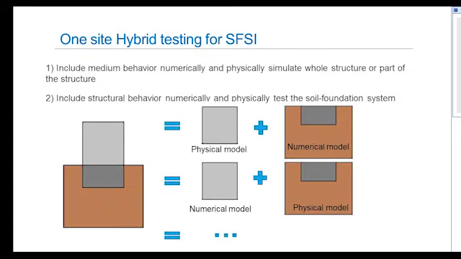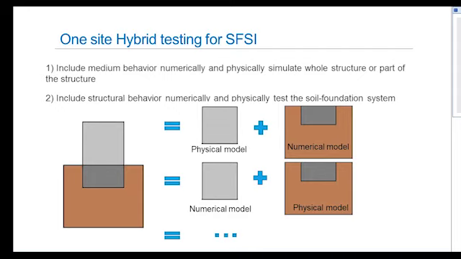So here is an example of on-site hybrid testing, and the two natural modes would be to partition the system into, let's say, a physical model that represents the structure, and a numerical model that represents foundation, soil, system, or the opposite, a numerical model of the structure itself, and then a physical model of the foundation soil system.